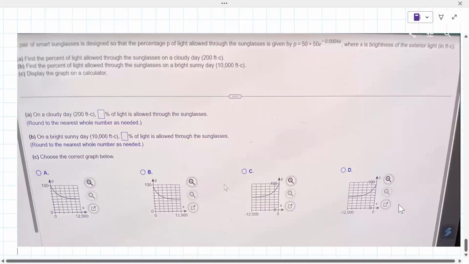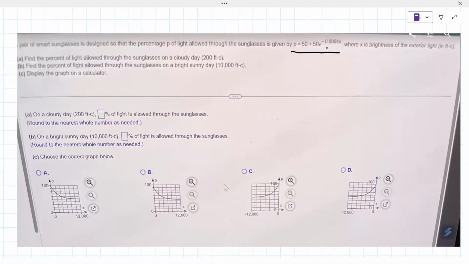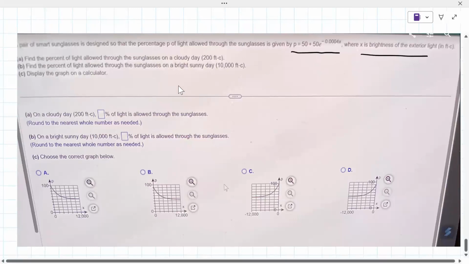So they're giving you some sort of equation here, and X is the brightness of the exterior light. And they're giving the units of that. It's feet, that C. I'm not sure what that is, but the value of X is 200.